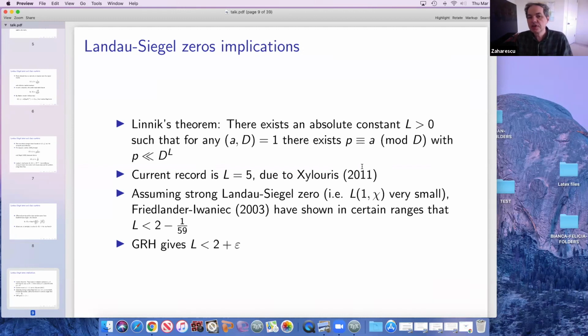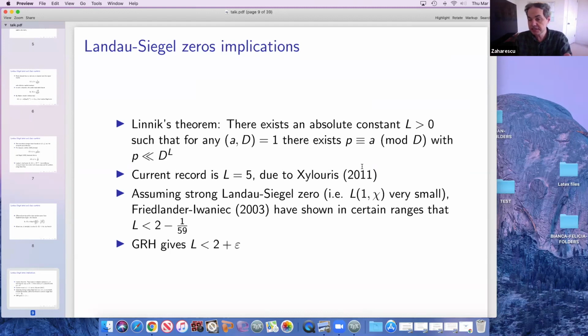But what is known unconditionally is something like D to the 5, while assuming GRH it is known that L can be 2 plus epsilon. When I say that the result goes beyond GRH, I mean only that, because I don't know what other people are able to do. If you allow them to use the GRH assumption, maybe they can do much better than us. But what is known is that you can make this L less than 2 plus epsilon.